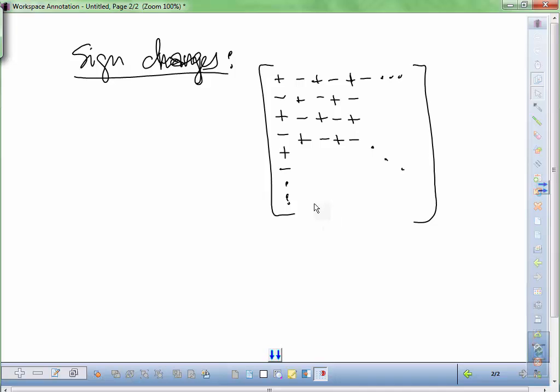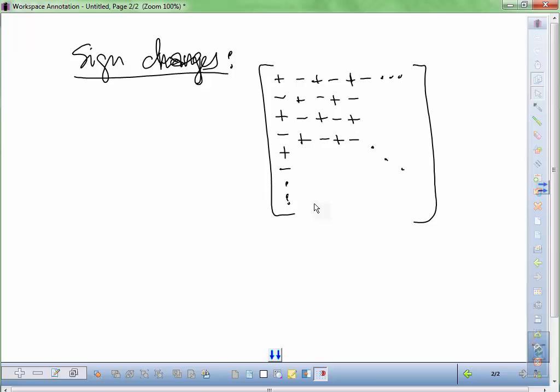And depending on the type of problem you have, the type of matrix you have, you might want to consider traversing over a specific row or column that would make things easier for you. What I mean by that is that if you have a row or column that has the most zeros, that's probably where you want to go.